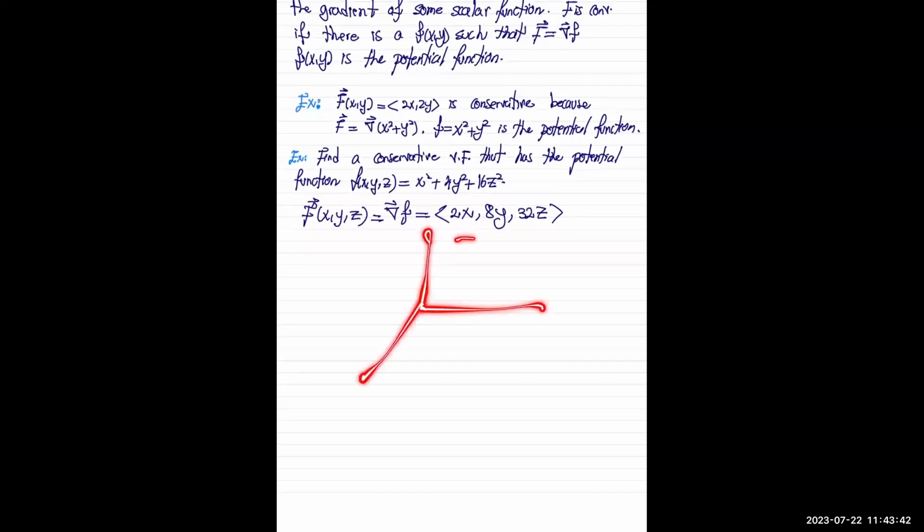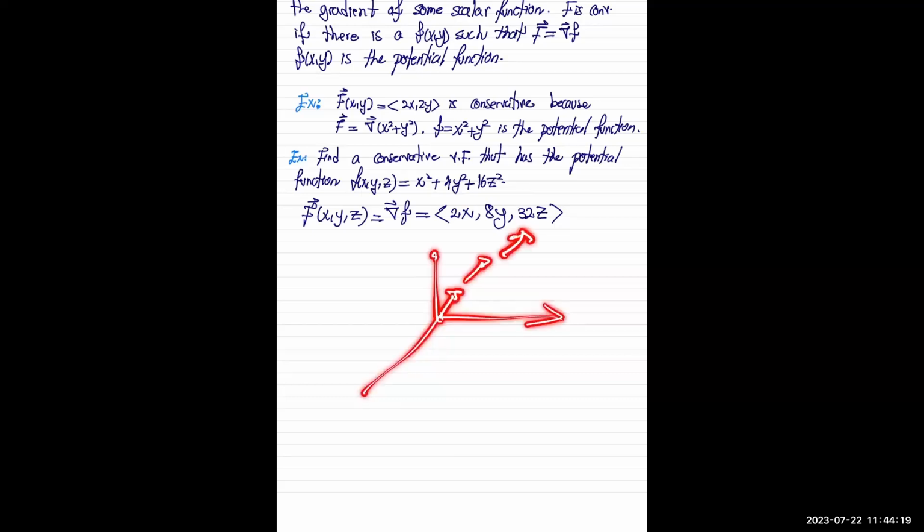This is the gradient of this potential function, which is a function with 3 independent variables. This function has level surfaces, if you remember, and this vector field happens to be orthogonal, or normal, to those level surfaces. And if you attempt to draw this vector field in space, just like the previous vector field, the vectors are going to point away from the origin.